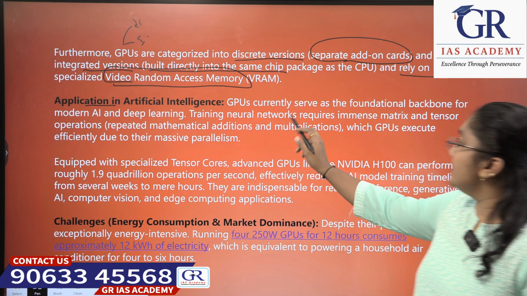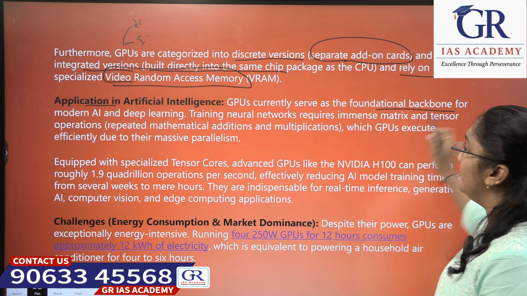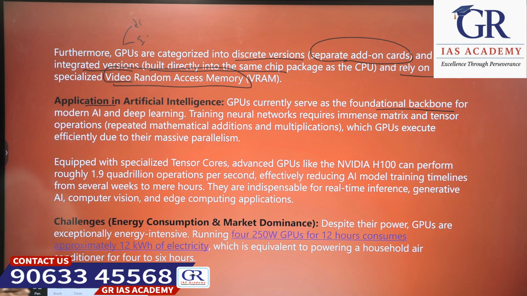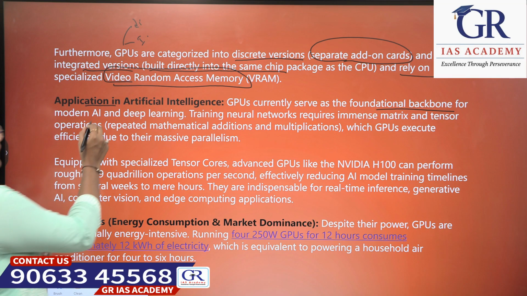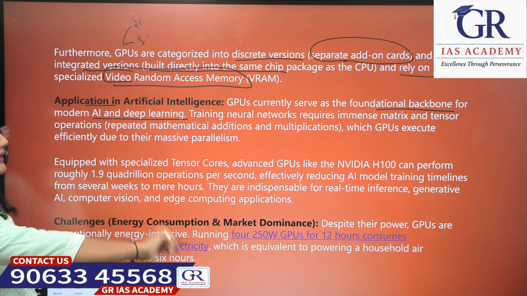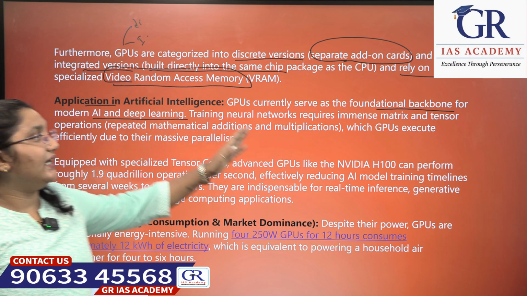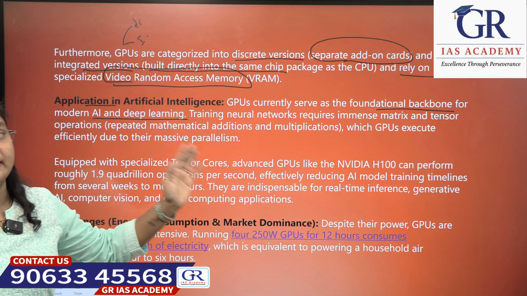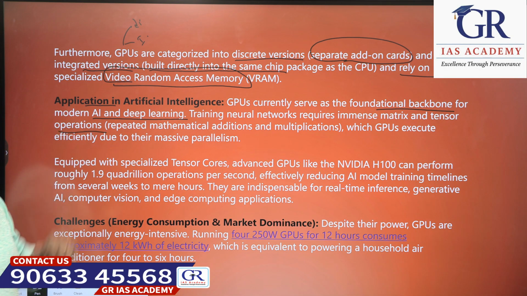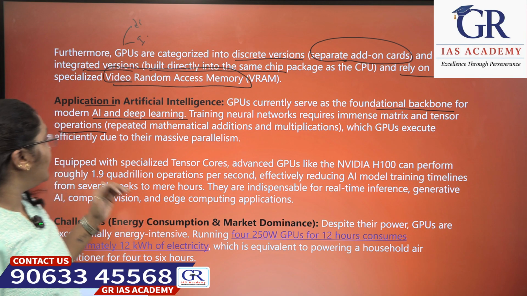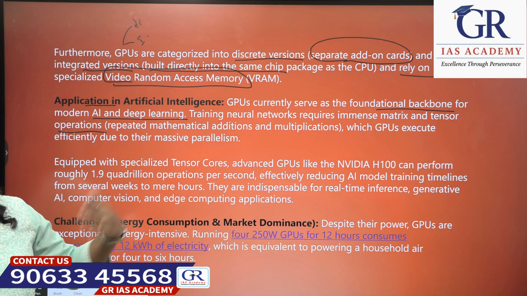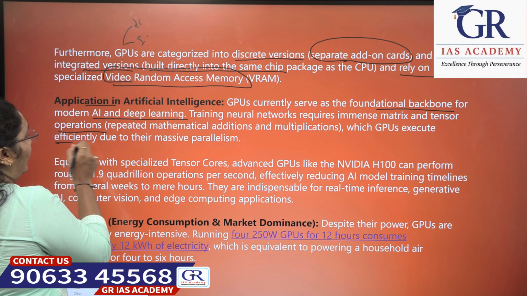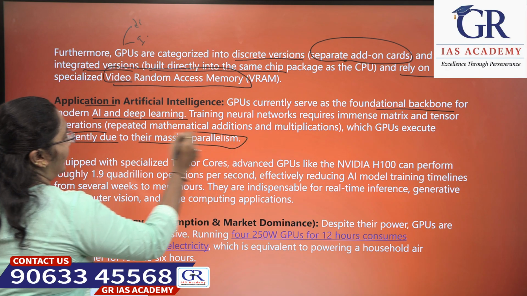Next, what are the GPU's applications in artificial intelligence? GPUs currently serve as a foundational backbone for modern AI and deep learning. Training a neural network requires immense matrix and tensor operations, which are repeated mathematical additions and multiplications, and GPUs execute these efficiently due to their massive parallelism.